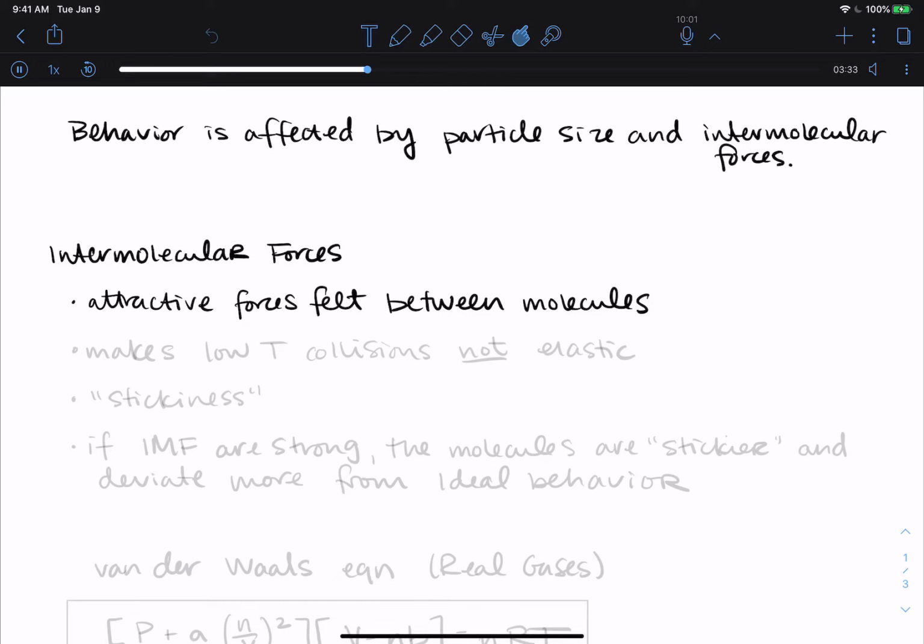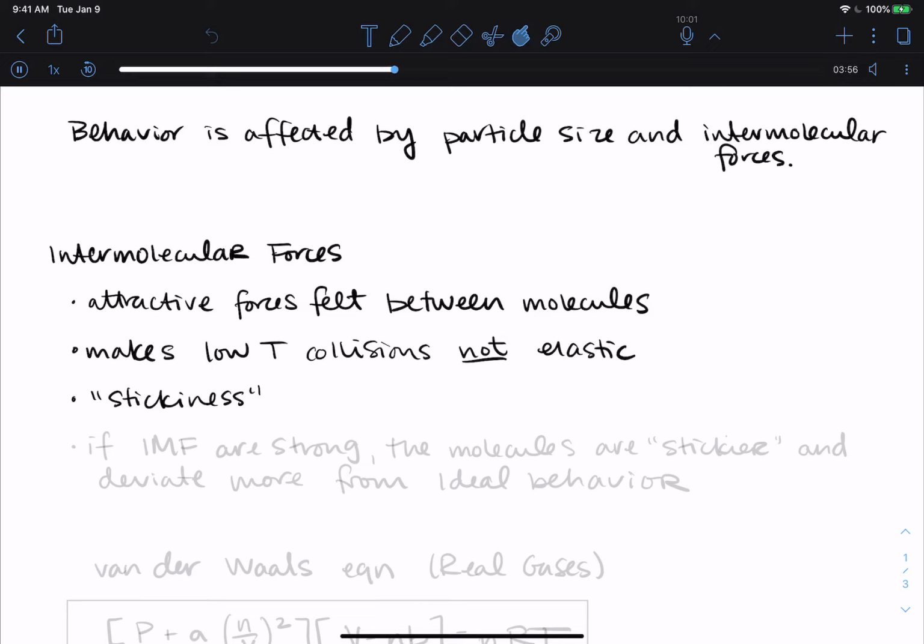It makes our low temperature collisions not elastic. We sometimes talk about this in terms of stickiness.